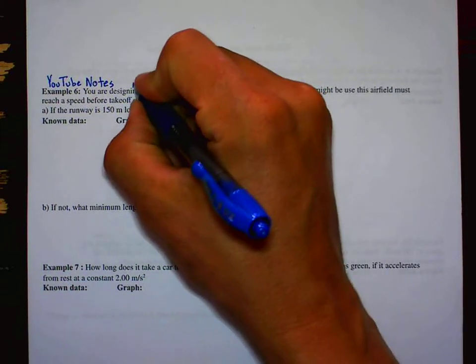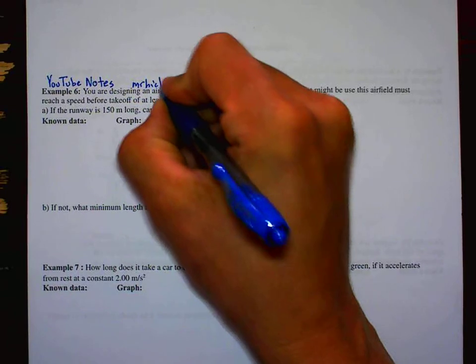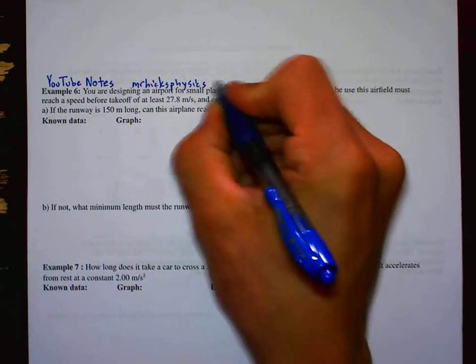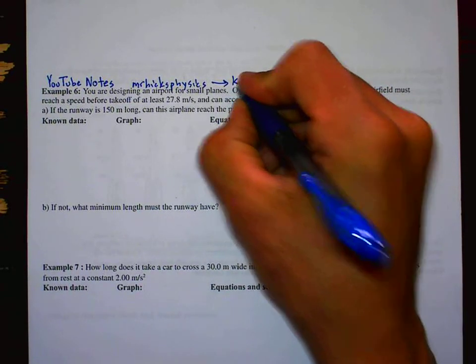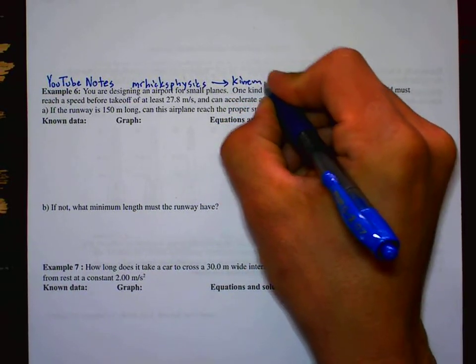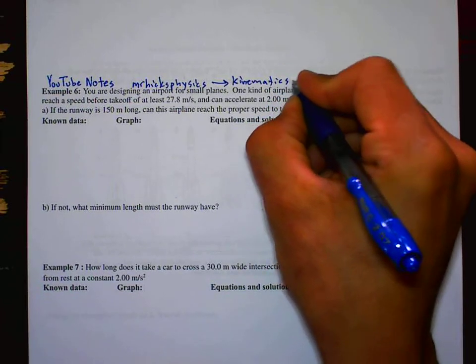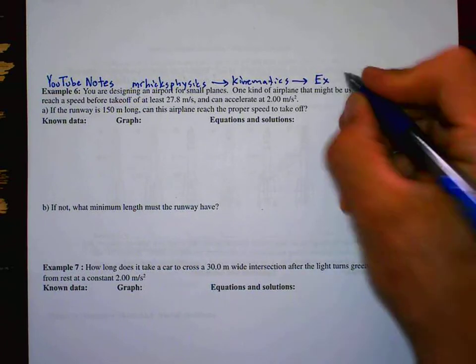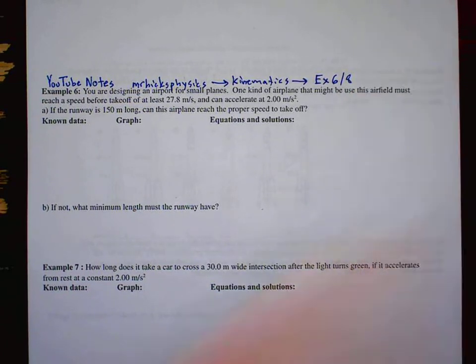So you go to Mr. Hicks Physics, and then you go to Kinematics playlist, and it's called something like this, example 6-8. And it'll go through 2 of these with you. I find if I do too many with you here in class, you guys fall asleep, and I don't want that to happen. So you'll do 2 at home.